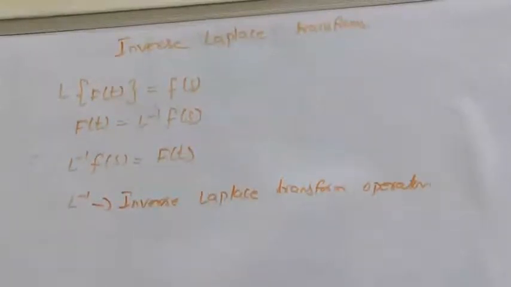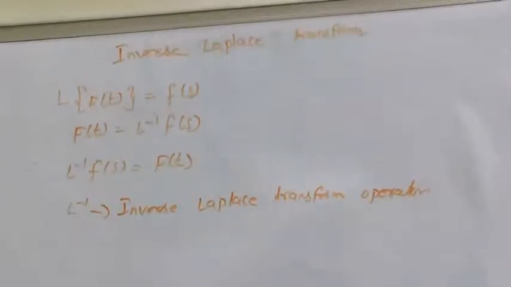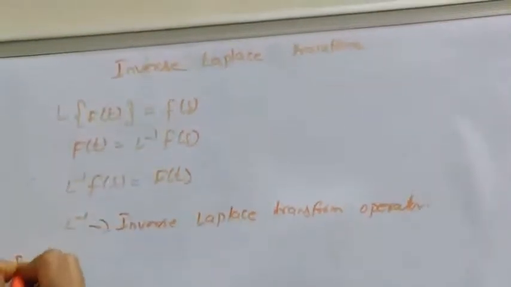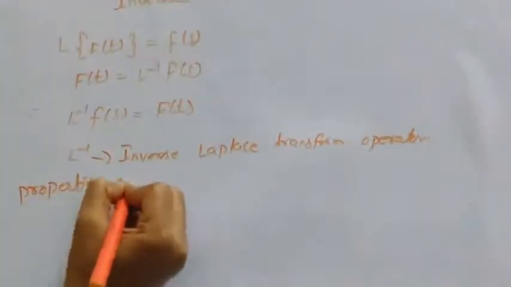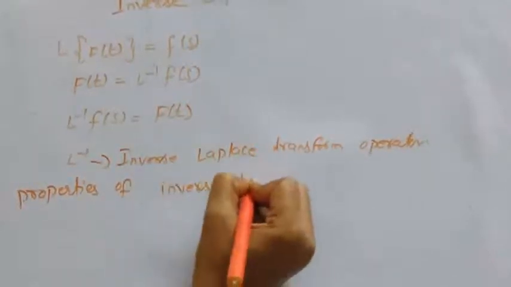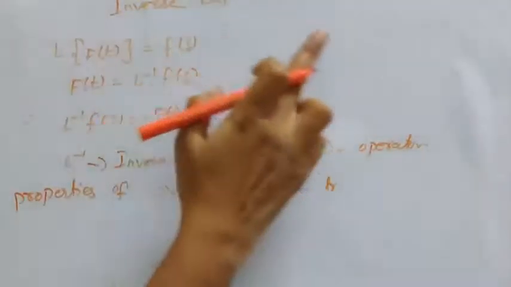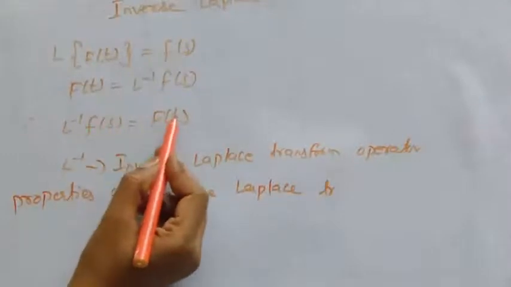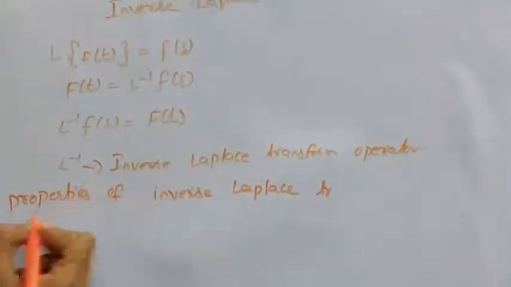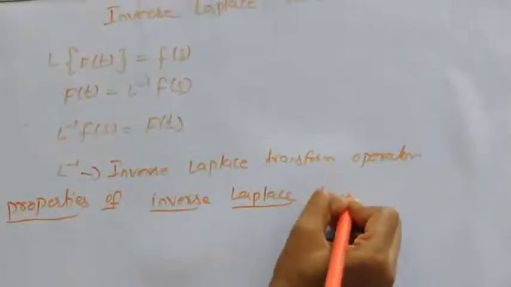That means four properties are there, similar to Laplace transformation. You know how to denote the inverse Laplace transform: L inverse of F of s is equal to f of t.